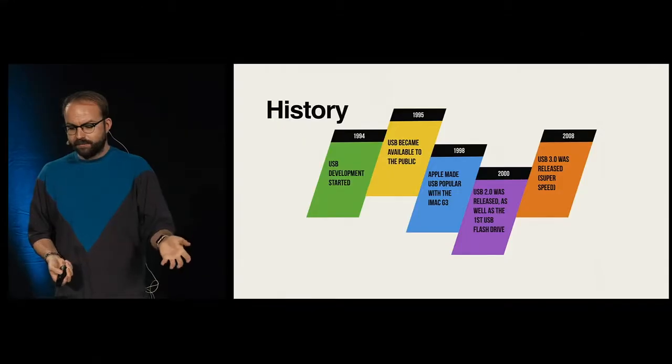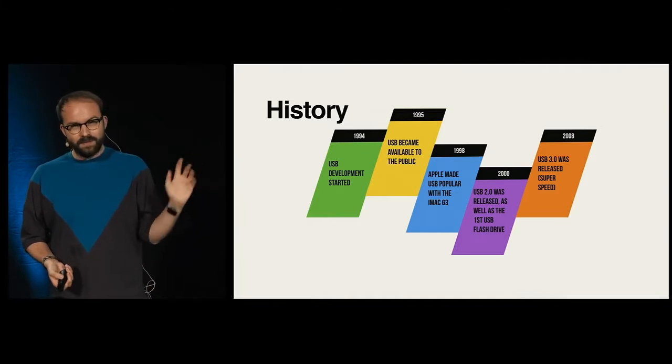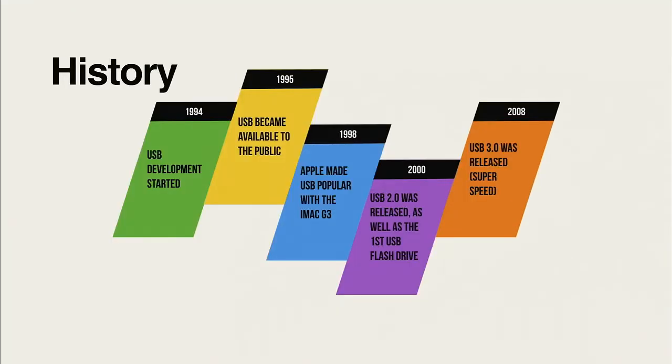I think that was what USB was associated with for a long time. The latest major addition to the spec came in 2008, making USB even faster. And as you see, USB is quite an old technology already.